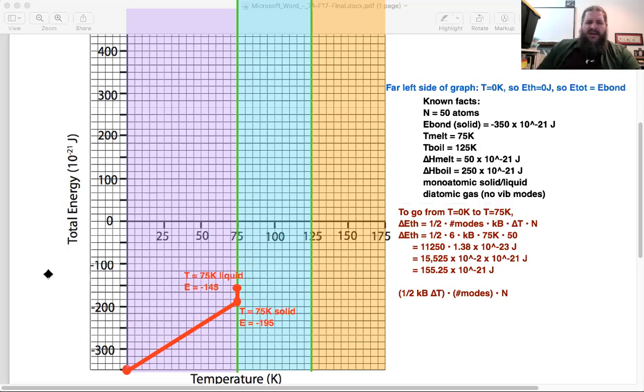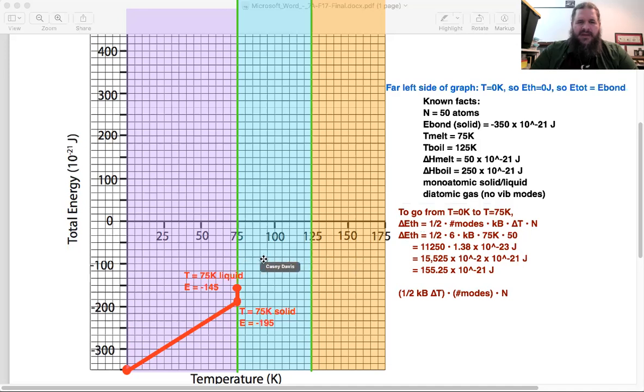And then what's the next thing that happens? We finish melting it, we keep adding more energy, and what happens there? Now there's like the change in E thermal, and it starts to go towards the boiling point. Yeah, exactly. We're going to get another thermal energy change as it warms up. We add energy and increase the temperature approaching 125.